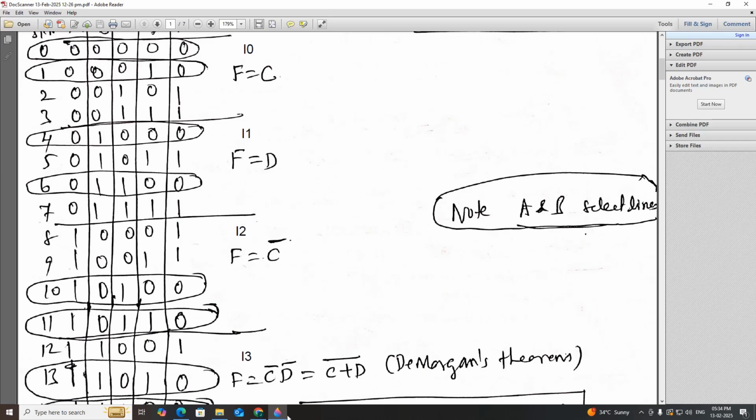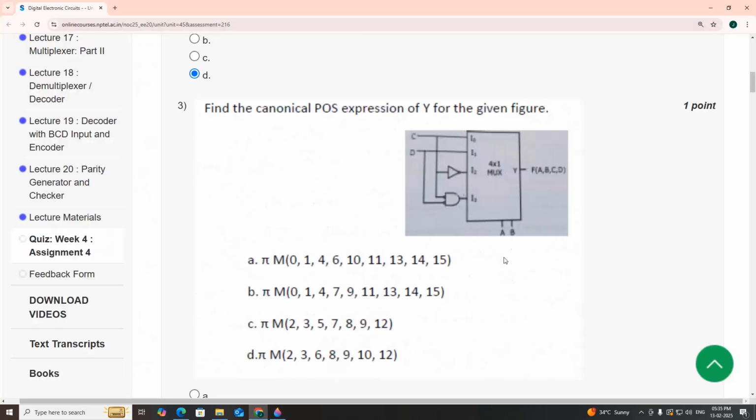So now what about I2 in this diagram? f will be connected to I2. But what is I2? I2 is coming from a NOT gate. What is the NOT gate input? The NOT gate input is C. The output of the NOT gate is C bar. Therefore, I2 is equal to C bar. That is nothing but f.